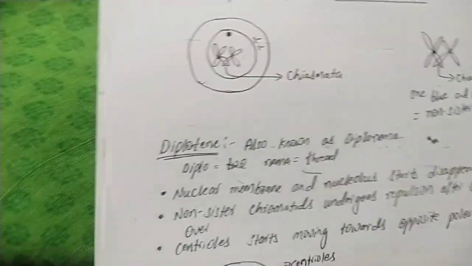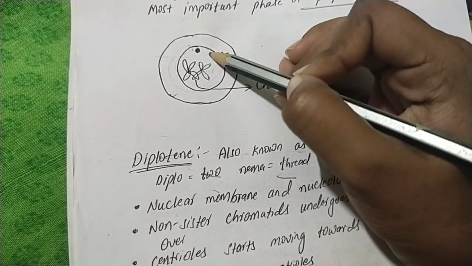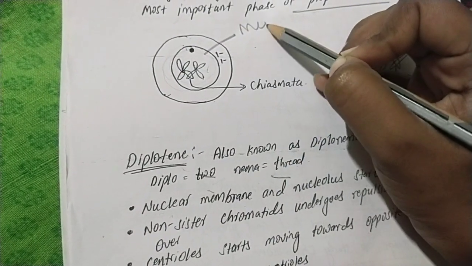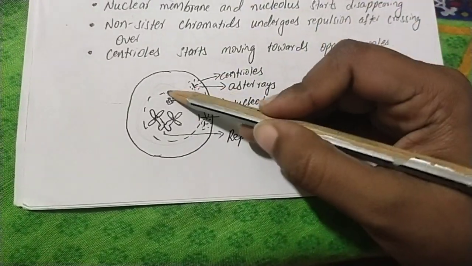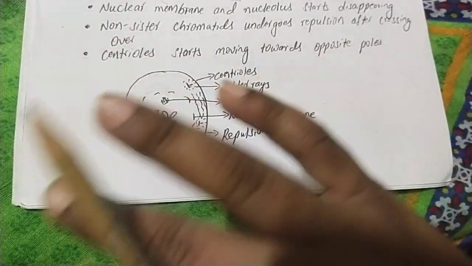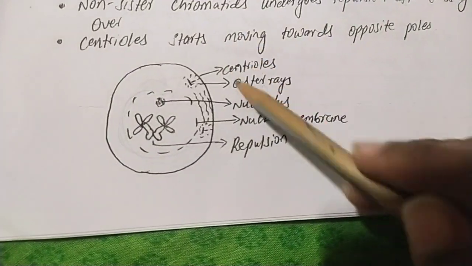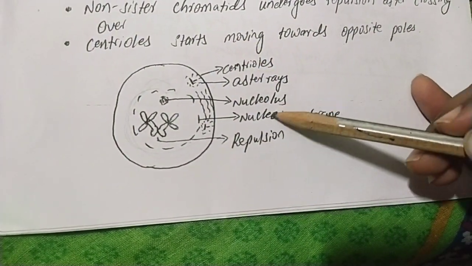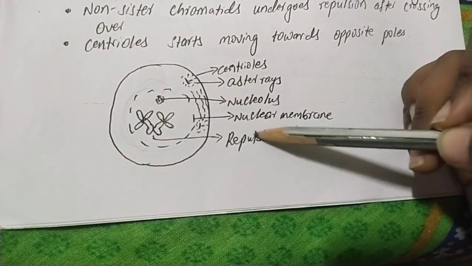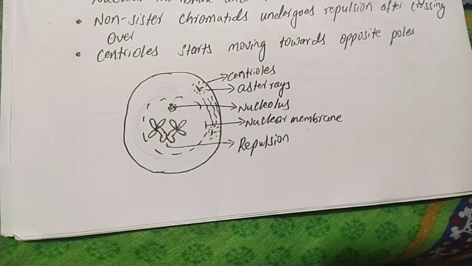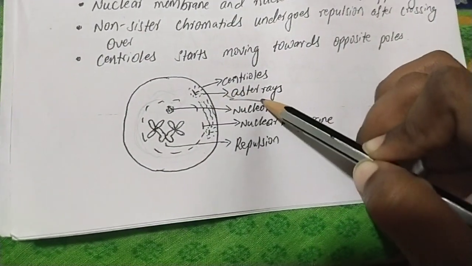You can see in this diagram that in the earlier stage the nuclear membrane is present, but here you can't clearly see it; it's slightly disappearing, along with the centrioles and nucleolus. One more thing is the presence of aster rays.